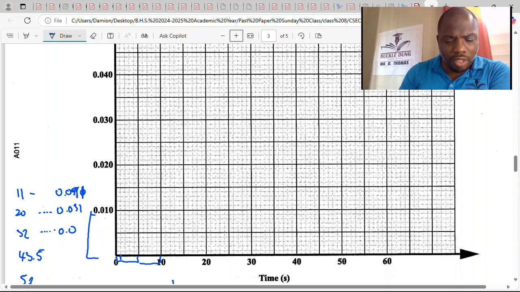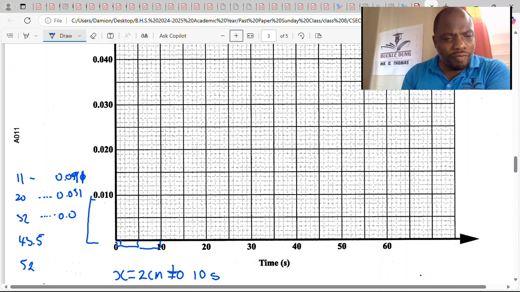Hold on. How did I move so fast? 32 was 0.031. So wait, 32 and 20. 20 was 0.050. All right. This looks like an 8. Oh, gosh.